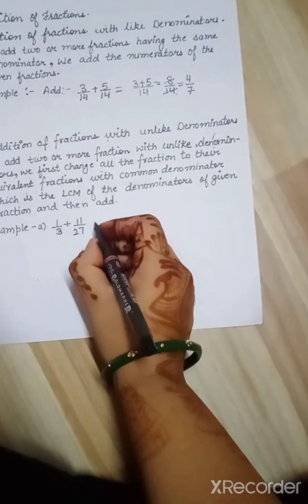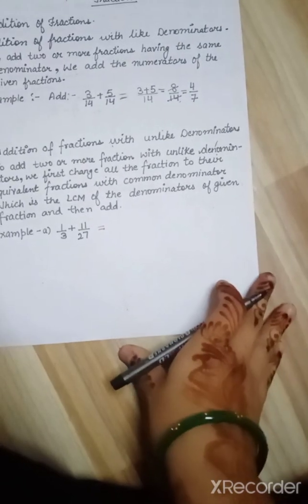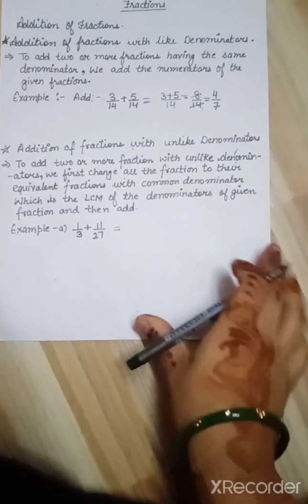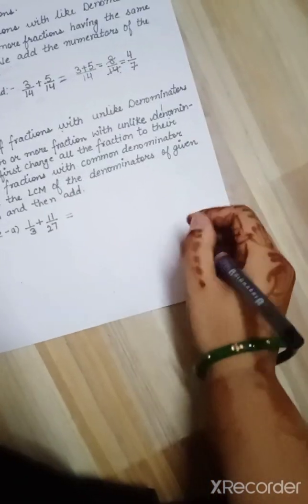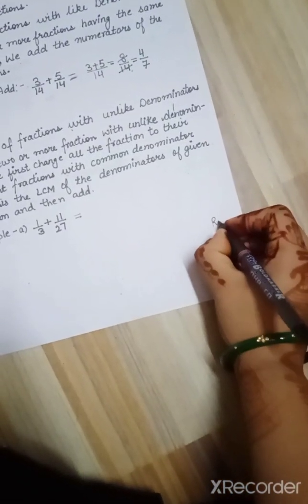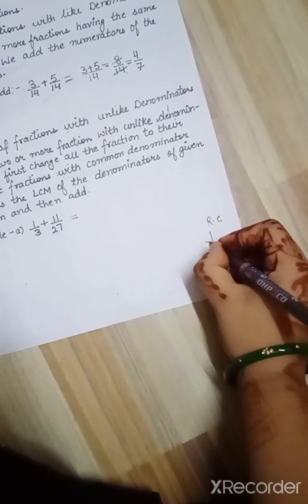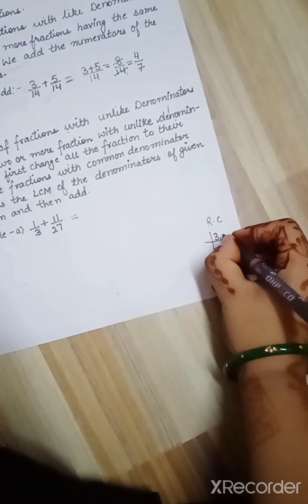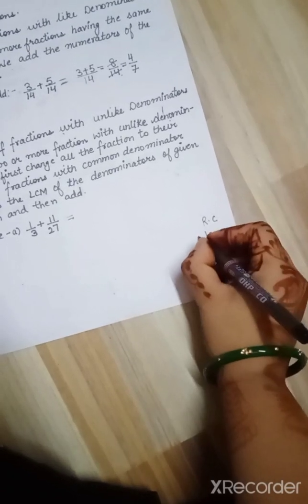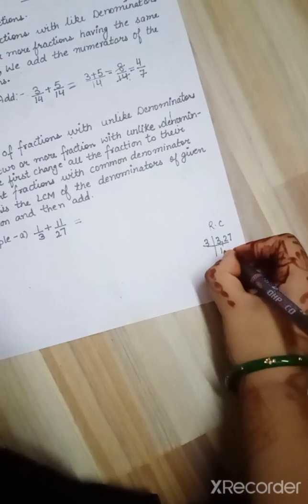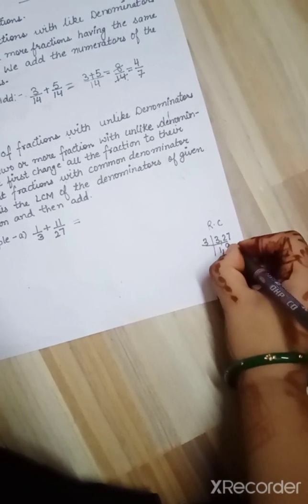So if we see, the denominators are 3 and 27. I will make a rough column here and write 3 and 27. 3 ones are 3, I am taking the LCM, 3 nines are 27.